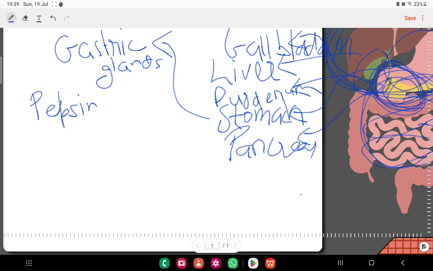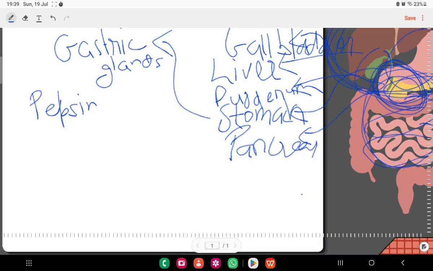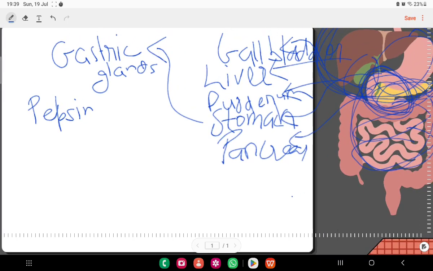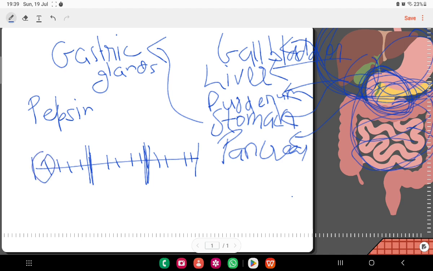Okay, so this pepsin right here breaks down long protein strands. Just imagine this is a protein strand. This is protein, broken into peptides, into these. You see the small ones right here? These are called amino acids.